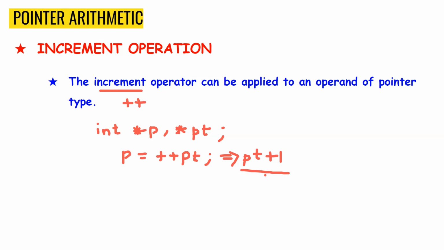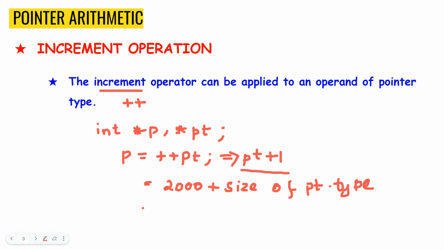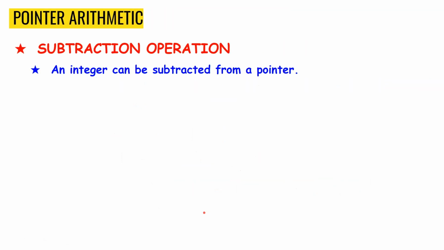Suppose the pt value is 2000. So it becomes 2000 plus the size of the pointer type. If you have declared the data type as integer, then it will be 2. So 2000 plus 2, the value of p would be 2002. Now we will see how to perform the subtraction operation on pointers.